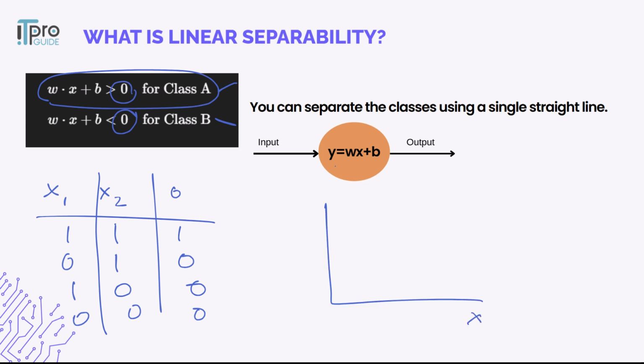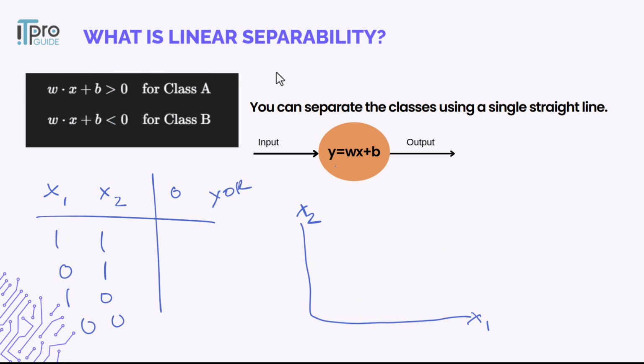Here is x1, here is x2, and these are the points where you get 0, and here you get 1. Now if you want to separate it by a line, yes, you can. So in this case, a single neuron will work because it is linearly separable. This is a very simple linear model example that you can relate to.